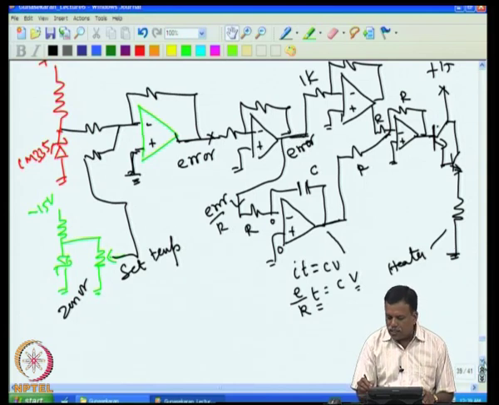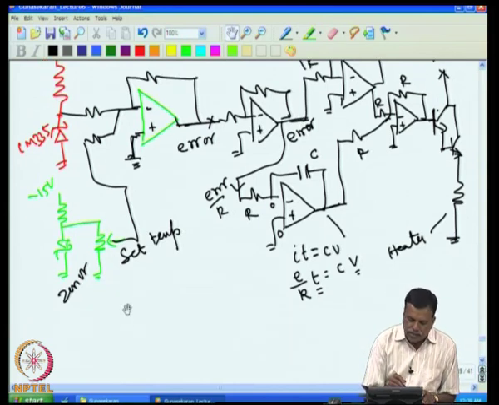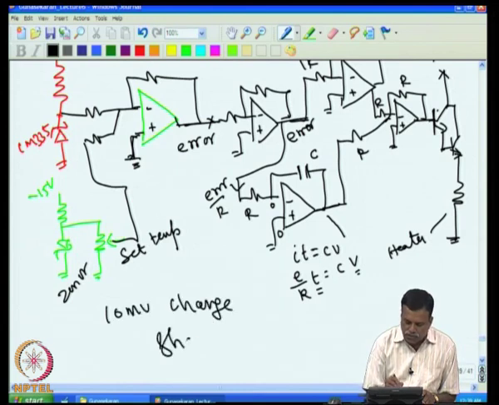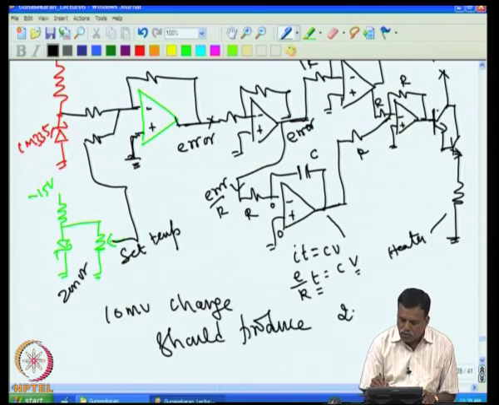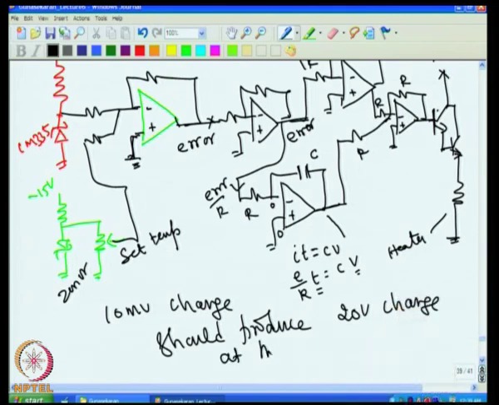So, what actually works out is 10 millivolt change should produce 20 volt change at the heater. Because 20 volt change at the heater will change temperature by 100 degree, but we know 1 degree change will give us 10 millivolt by this sensor.